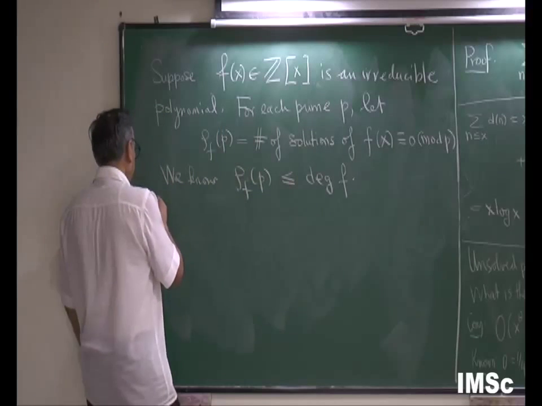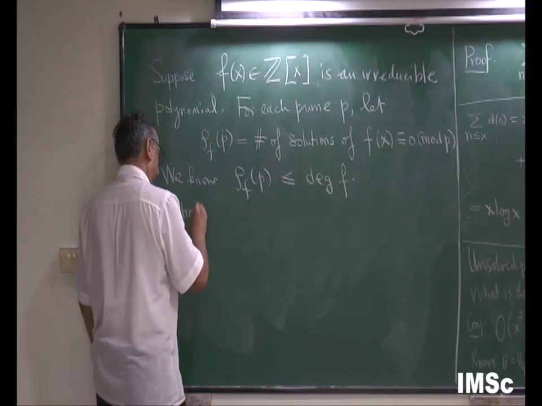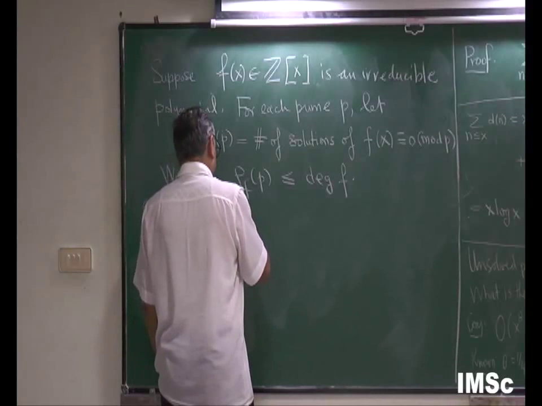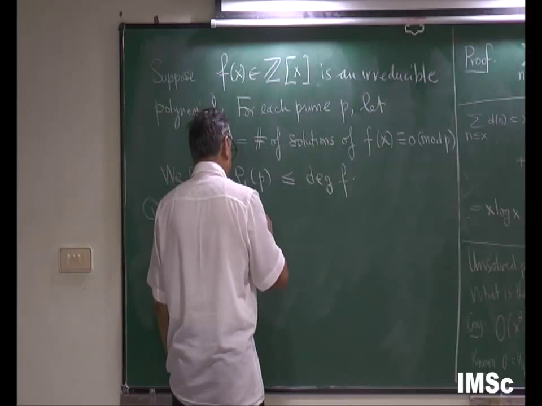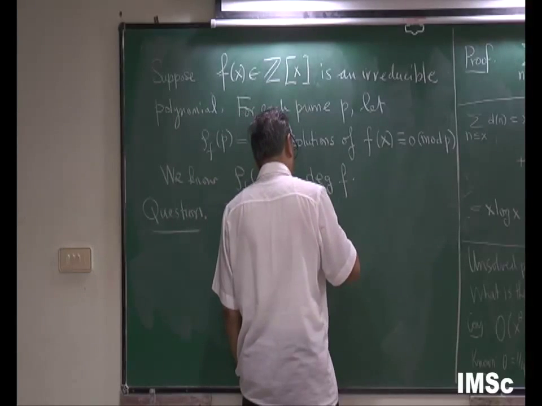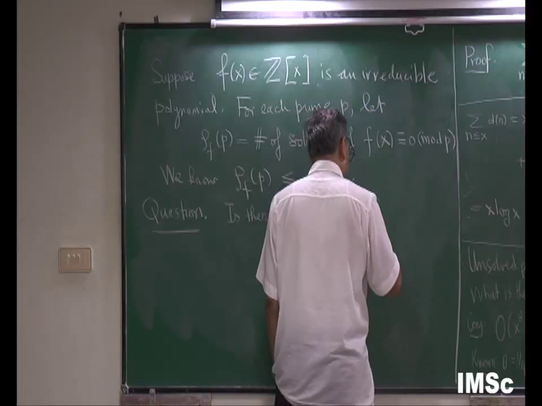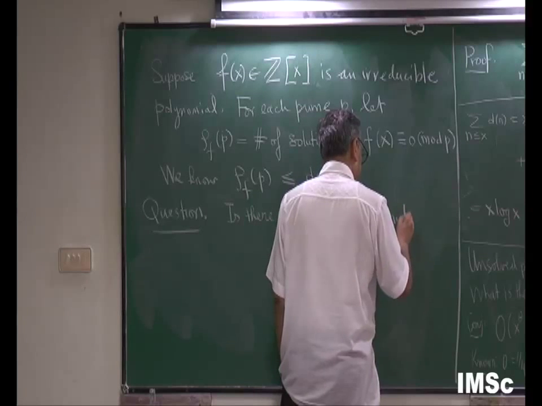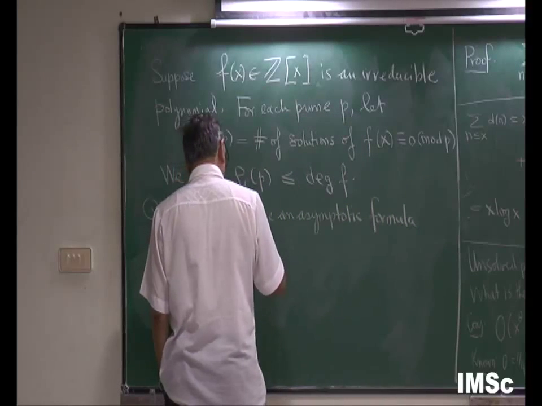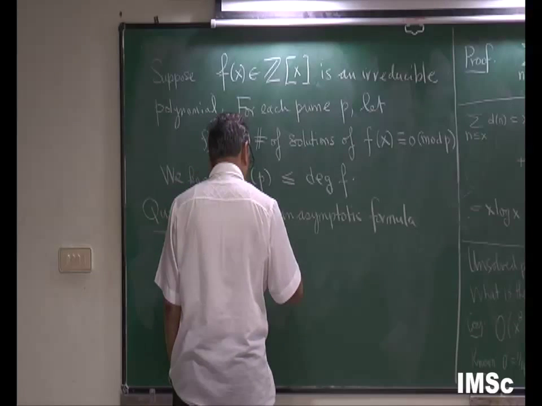My question now is, is there an asymptotic formula for the summation p less than x of rho sub f of p?